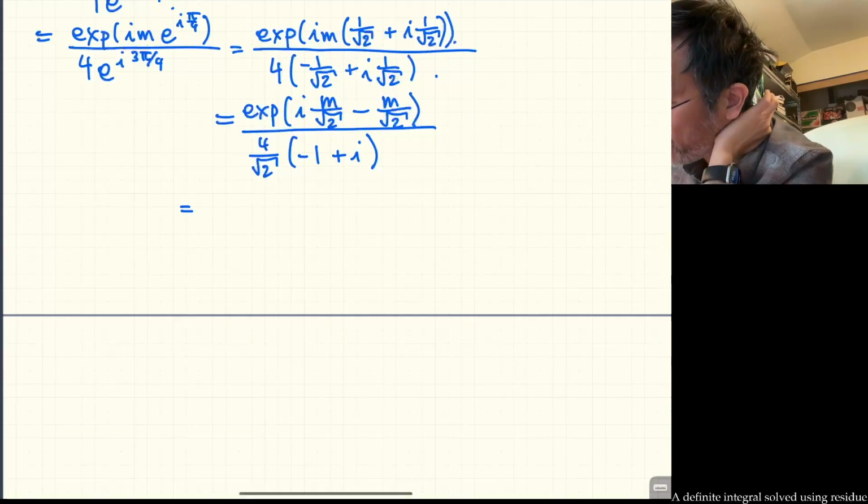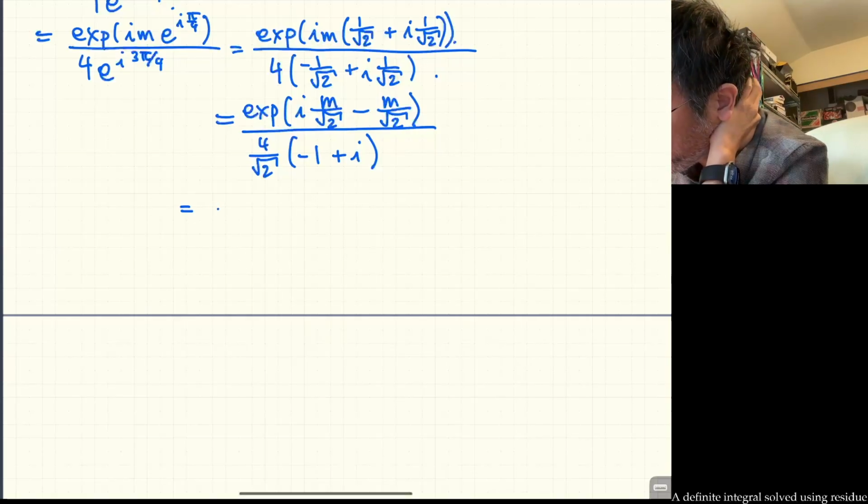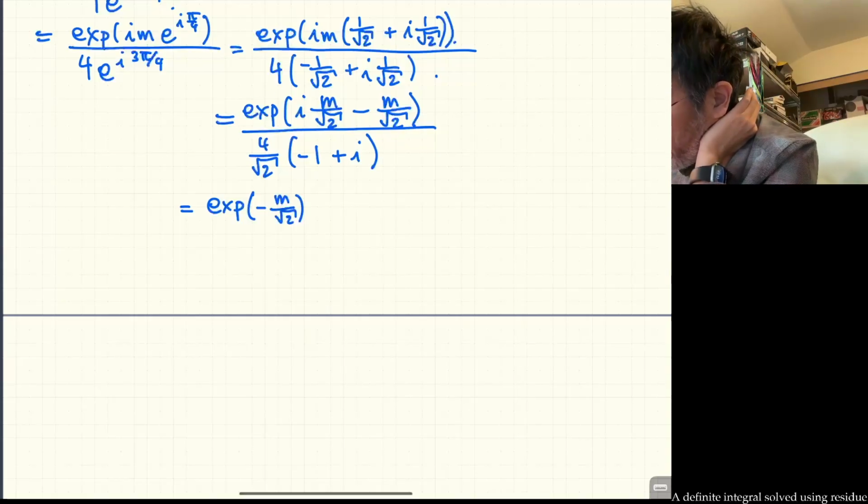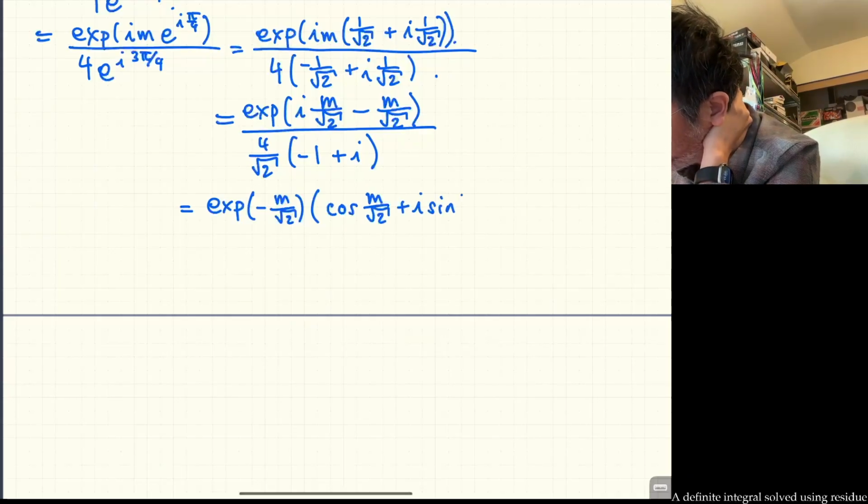So this is exp of negative m over root 2. And then I'm looking at the numerator, and I can rewrite the rest of it in terms of Euler's formula: cosine m over root 2 plus i sine m over root 2.